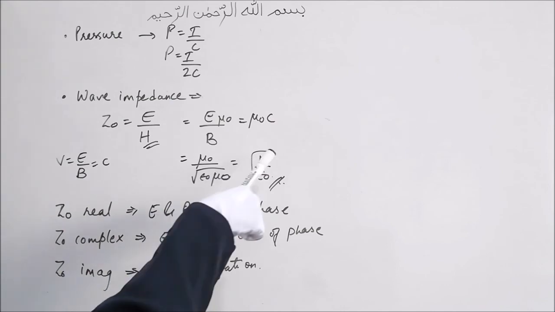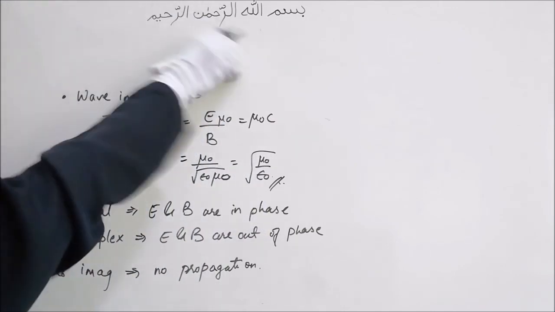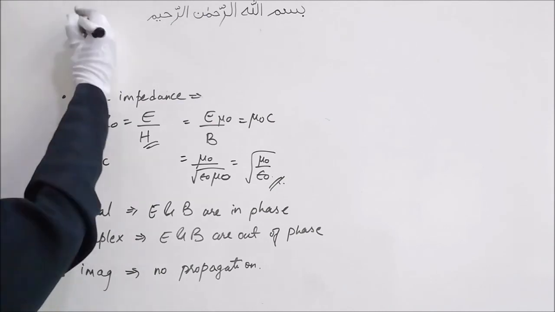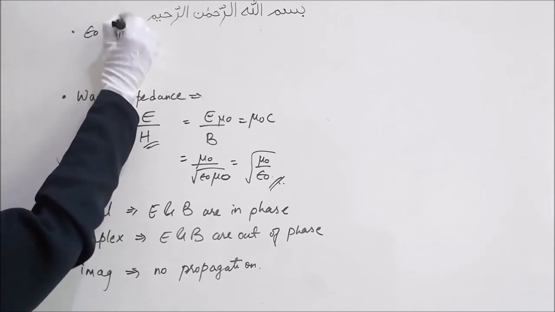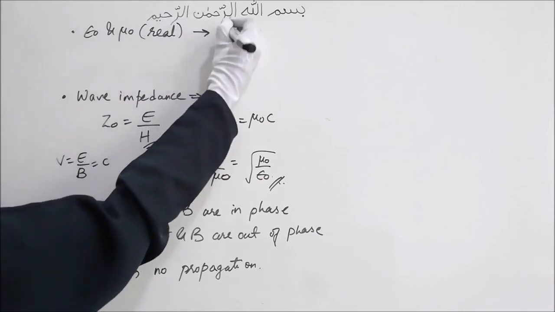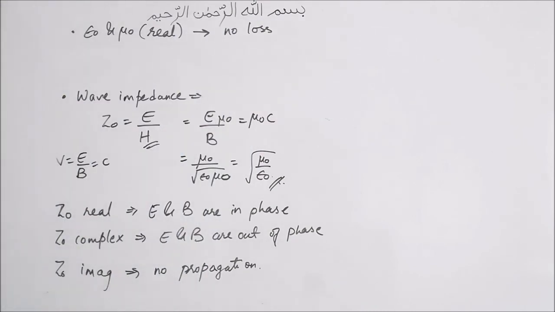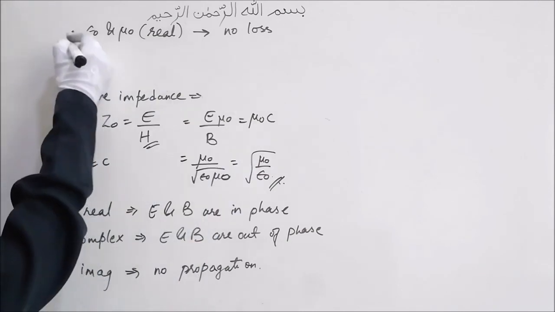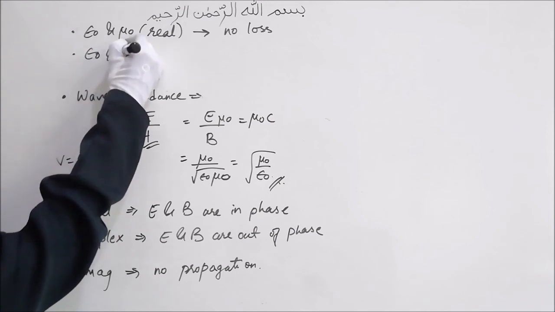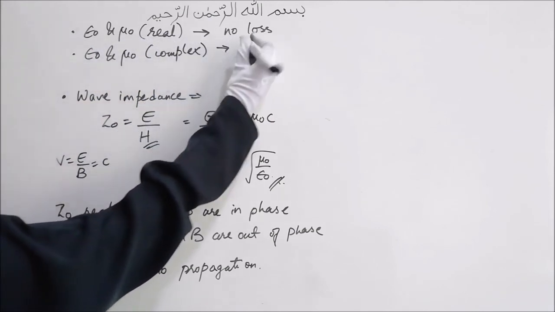Also, if epsilon naught and mu naught are both real, then there will be no loss. That medium will not be lossy, and there will be no loss of the wave information. But if epsilon naught and mu naught are complex quantities, then the medium will be lossy.